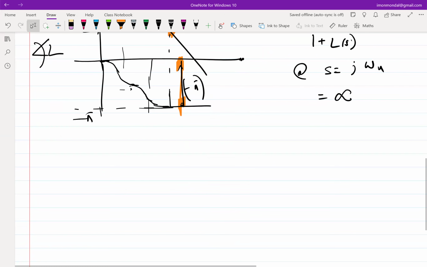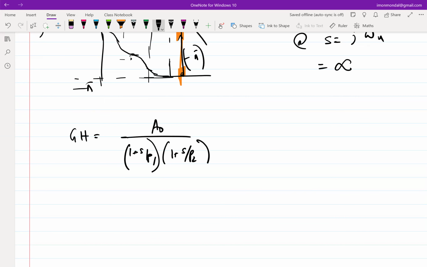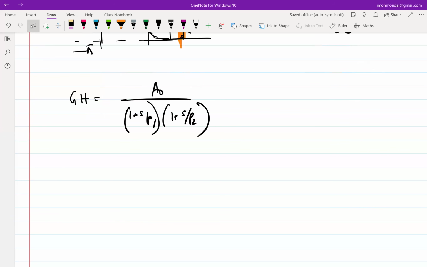For example, when you do a second order transfer function, so let's do that. Let's say your G times H is A naught over 1 plus S by P1 times 1 plus S by P2. Okay. So what will be your V naught over Vi?